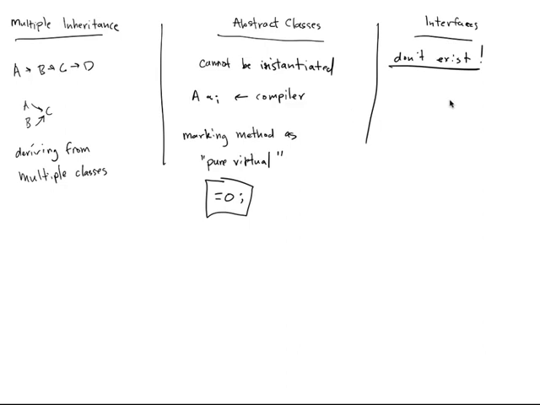And basically they are a workaround for C++'s ability to do multiple inheritance, whereas other languages don't actually allow multiple inheritance. So if we look at C++, it allows you to derive from multiple base classes. All fine and dandy. If we look at languages like C# and Java, they are both single inheritance only.